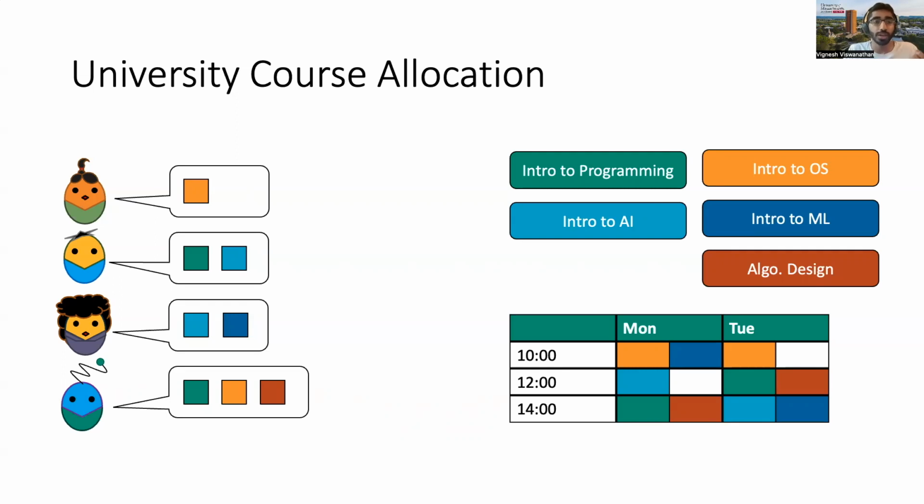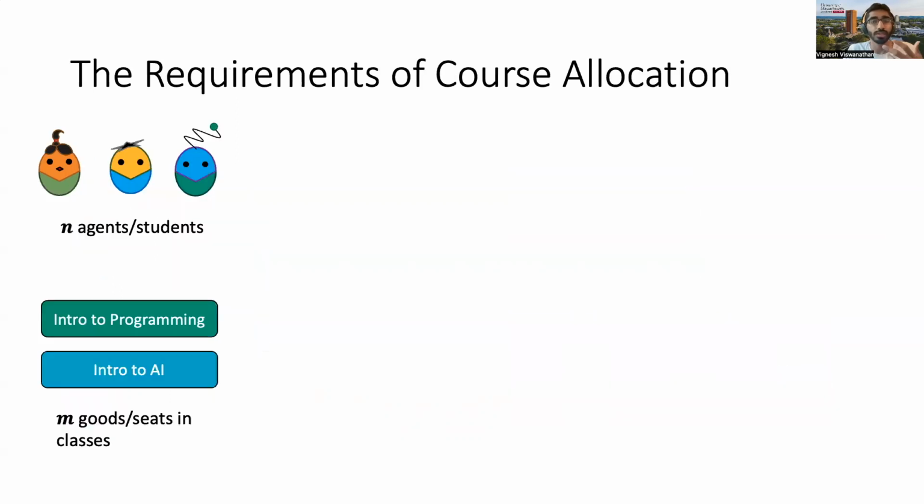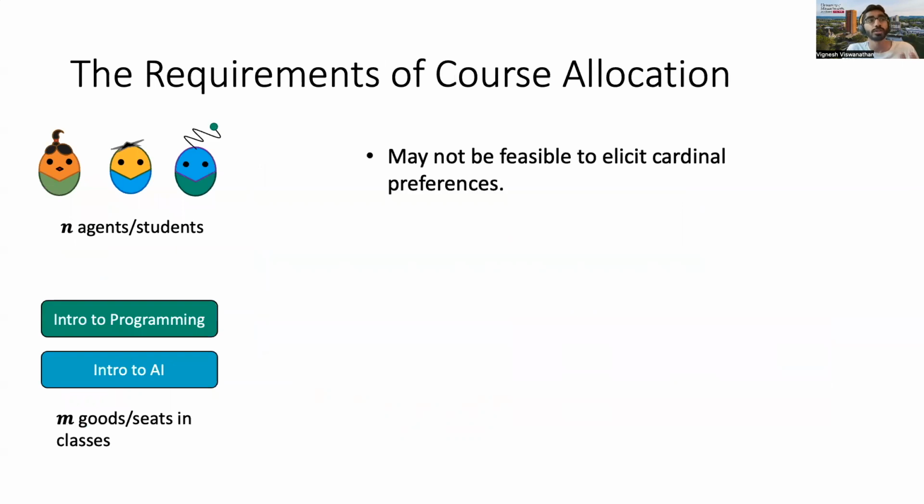However, the specific nature of university course allocation means it has certain unique requirements that are not otherwise required. For example, first is that because of the scale of the problem, we may not be able to elicit or even store cardinal preferences for each student for each class because there are way too many students and way too many classes.